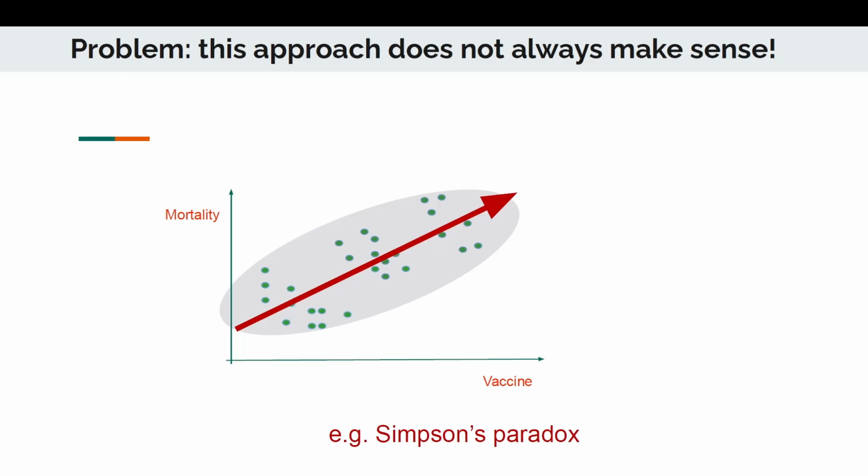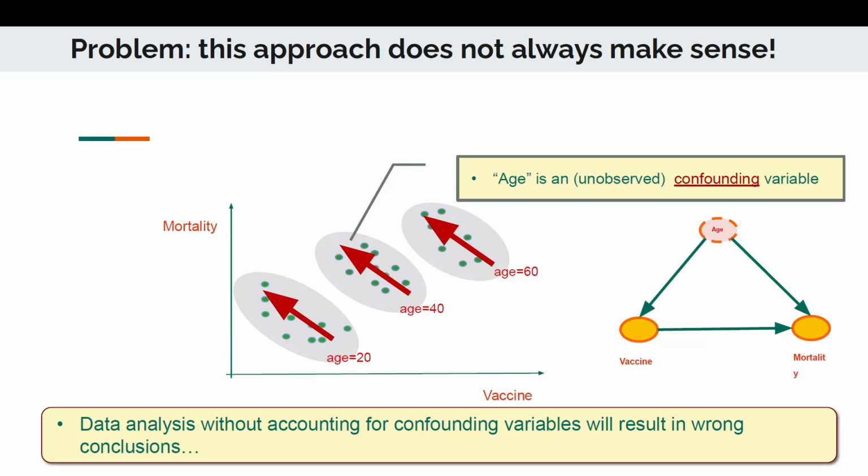For instance, the story that we can see in this graph is that with vaccination, mortality also increases, which is a different scenario. But when we look at the data carefully, for example, when we divide them by age or notice the groups that exist in the observation, we can say that taking age into factor tells us an entirely different story.